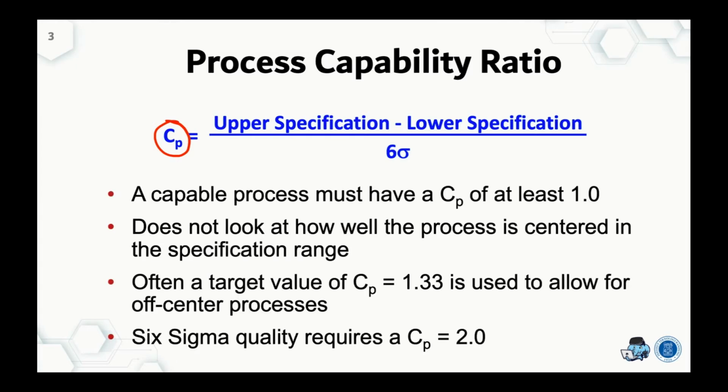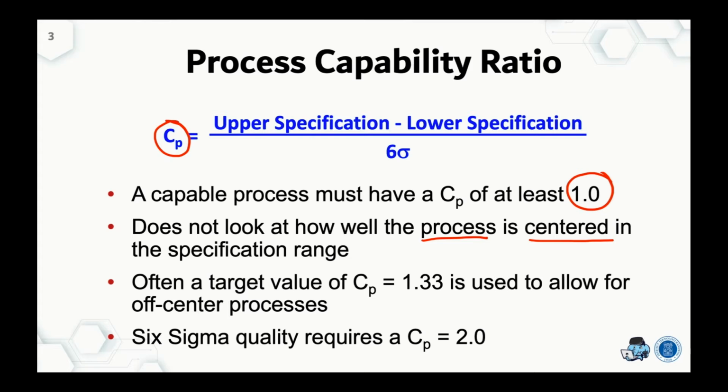A capable process has a Cp of at least 1. Here, this process capability ratio couldn't measure whether the process is in the center of the specification range or not.